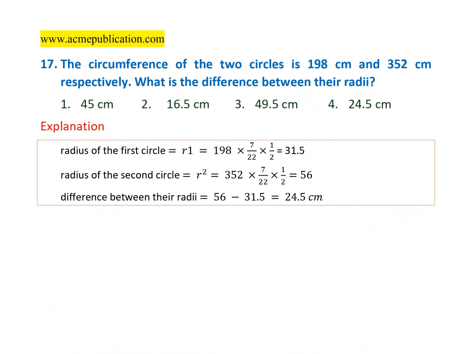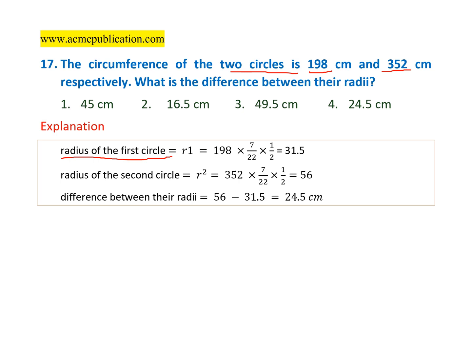Question 17. The circumference of two circles is 198 centimeters and 352 centimeters respectively. What is the difference between their radius? In this question we will use the formula of circumference of a circle, that is 2 pi r.